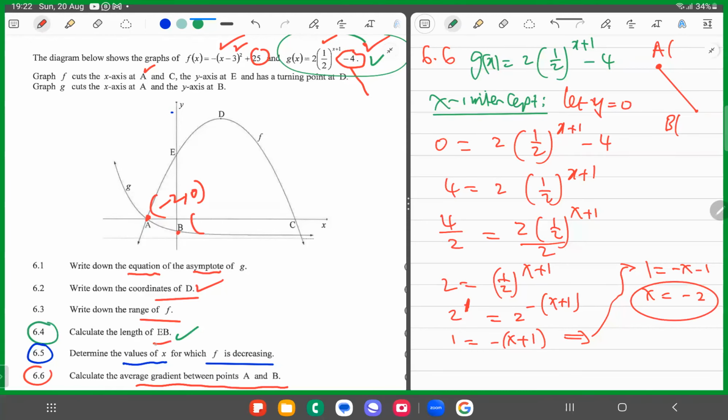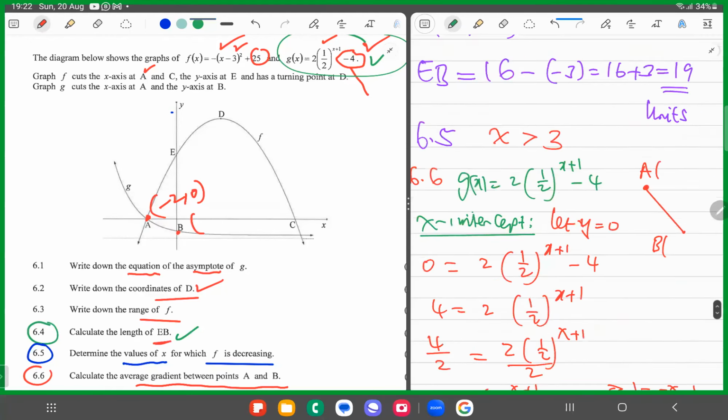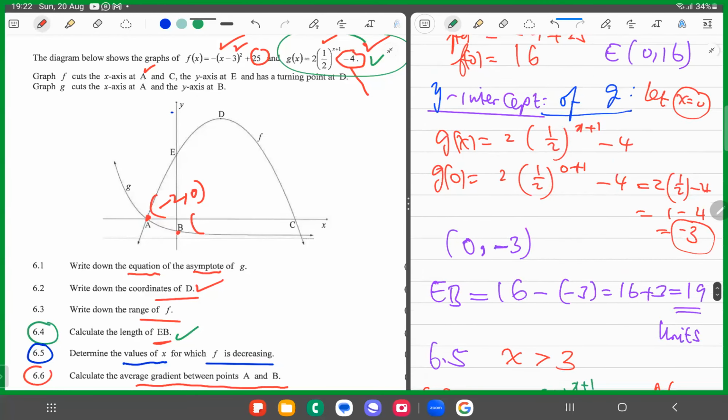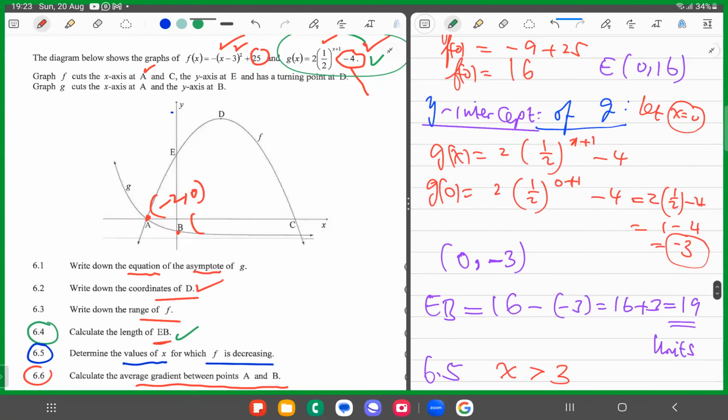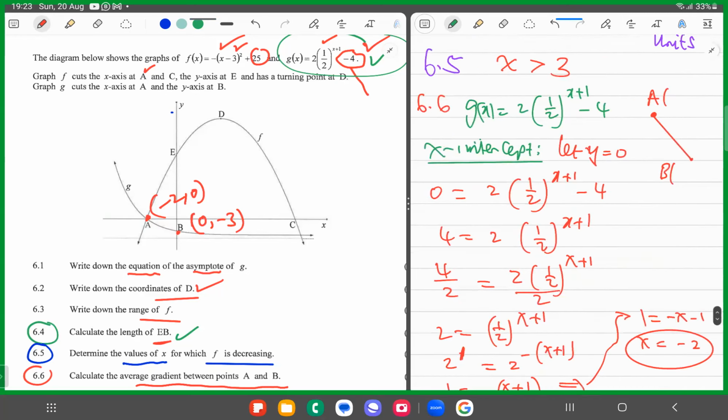When we were finding the length of EB in 6.4, we found the y-intercept of G, and we found it to be sitting at exactly 0 and minus 3. Those are the coordinates of the point B.